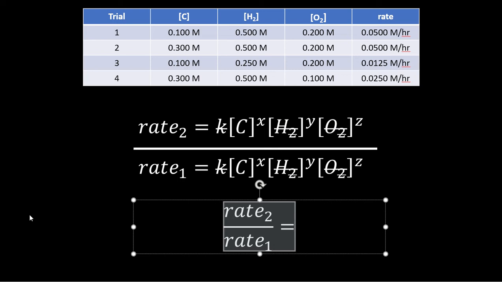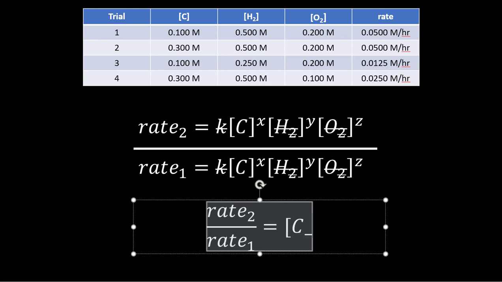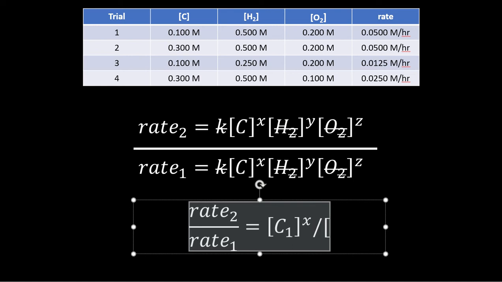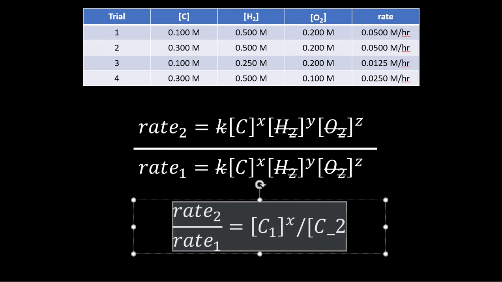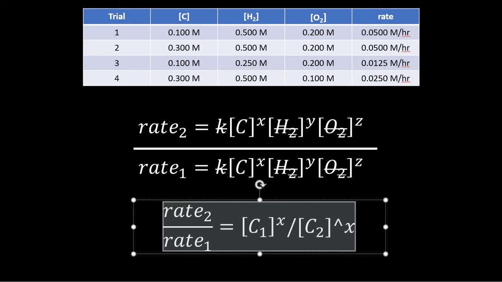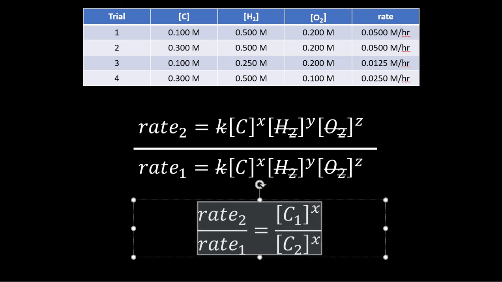And that is going to equal the concentration of carbon in trial 1 raised to our rate order, divided by the concentration of carbon in trial 2 raised to that same rate order.